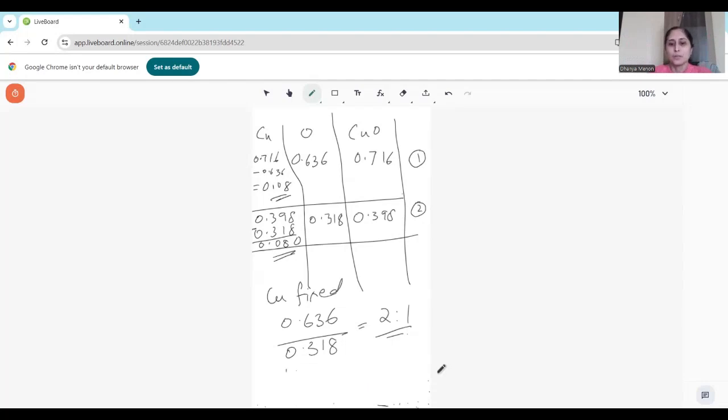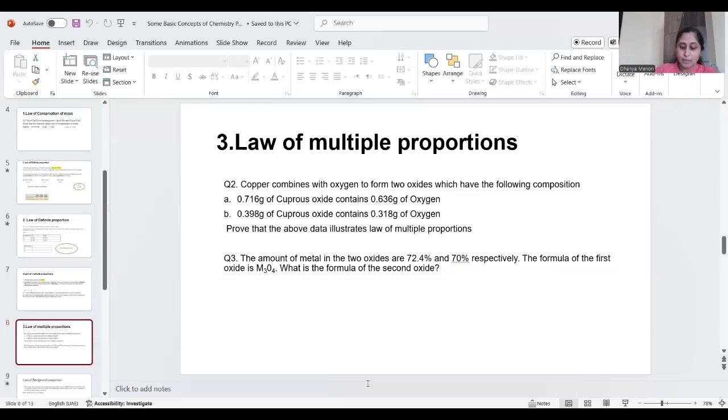Okay, let's check out one question from the NEET past papers. If you see question number 3, it's a NEET past paper. So students, as we do different topics, we will be doing some NEET questions.